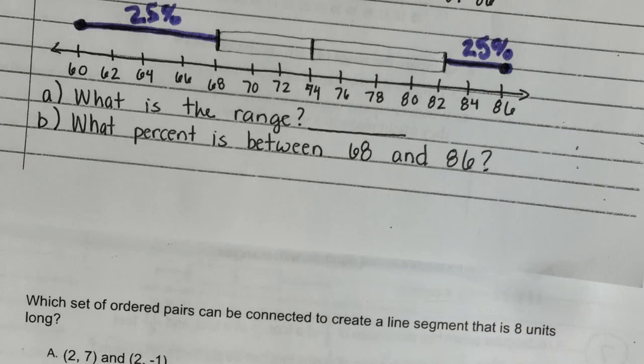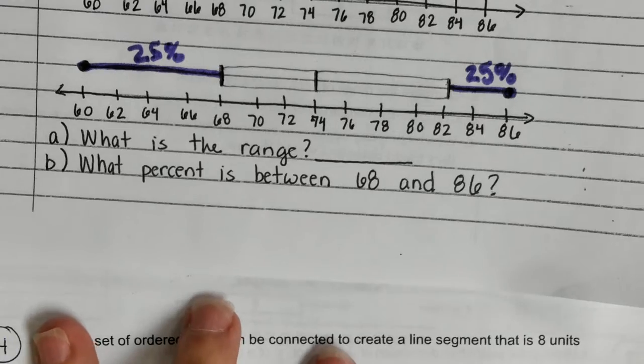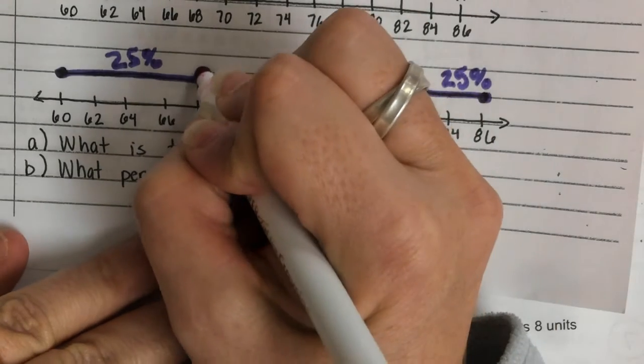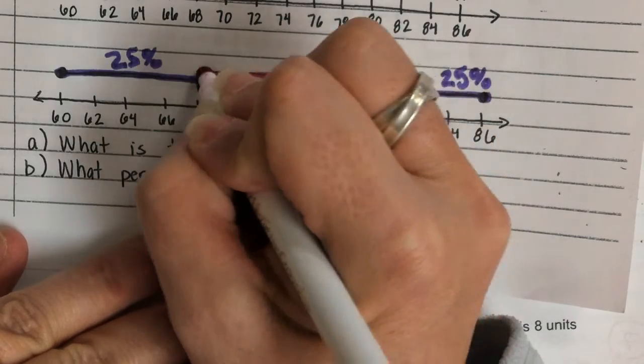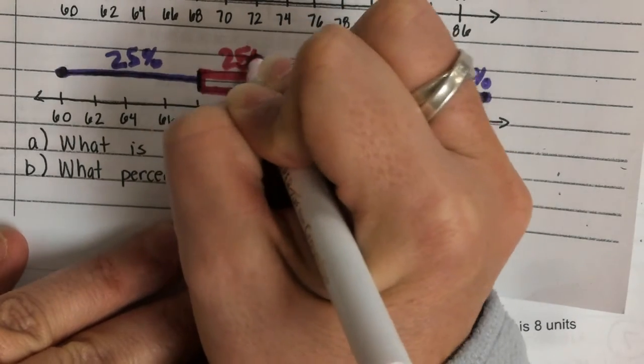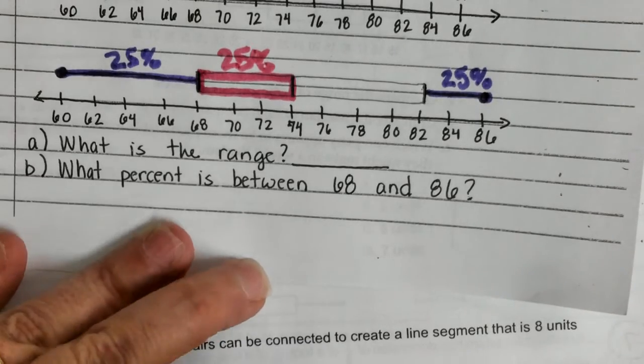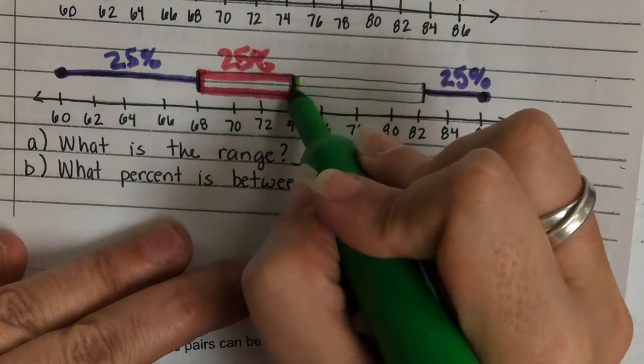We didn't write the 25. No, don't even, I'm just doing this for y'all visually. You don't have to write the 25s. I'm probably being overly silly, but that's okay. Yeah, so that would be 25%. And then this last chunk is 25%.